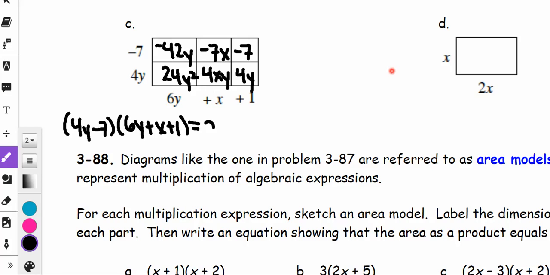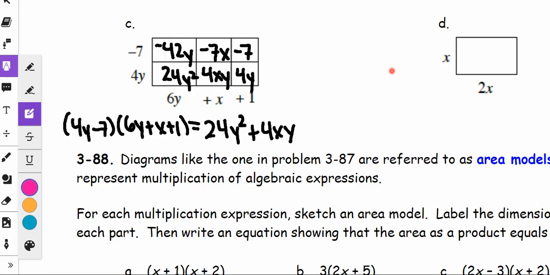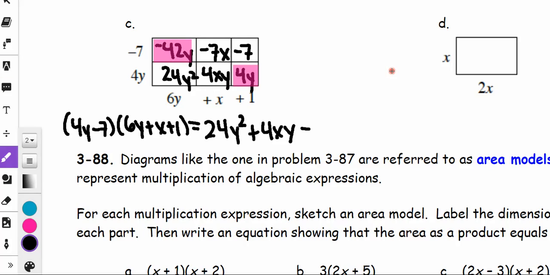And that is equal to a 24y squared, a 4xy, and the only things that I have that are like terms are a -42y and a 4y. And so that's going to be a -38y minus 7x minus 7.